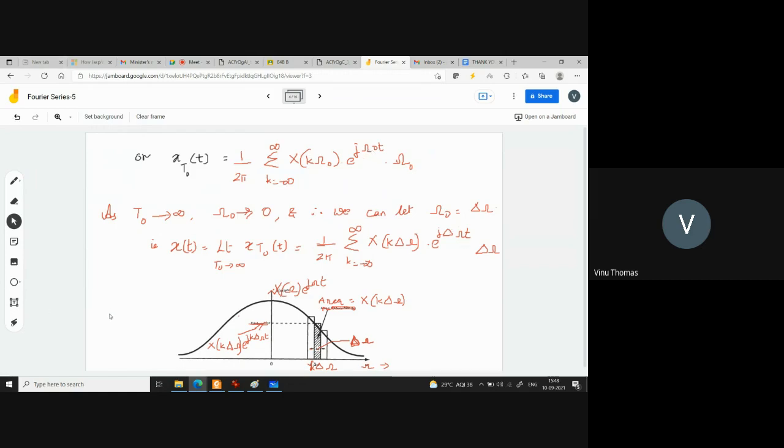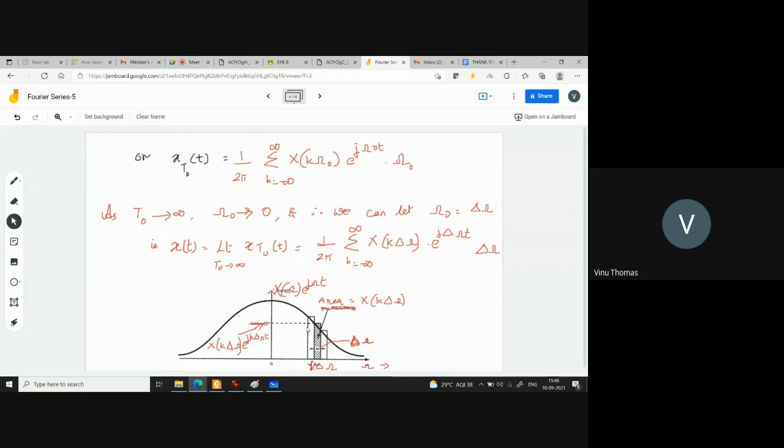If I plot this function X of k delta omega into e raised to j k delta omega t, where I let delta omega be an infinitesimally small interval in the frequency domain, maybe you will have a plot something like this. This is an arbitrary plot for a particular example.